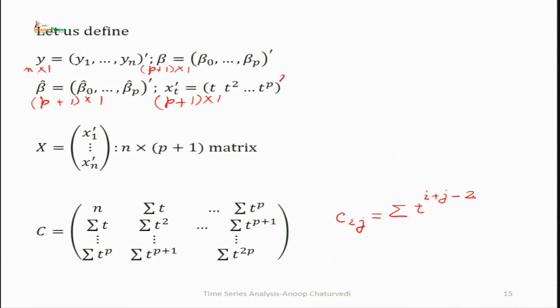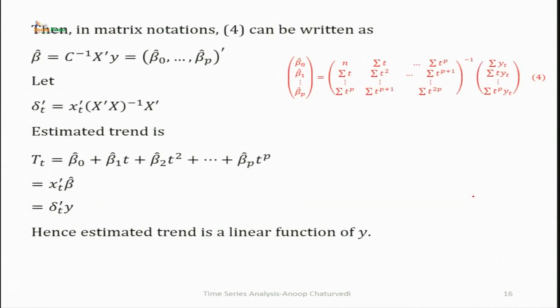Then using these matrix notations, you can easily write the set of normal equations, which just to remind you, I have again written here. So, you can write this set of equations as beta hat equal to, now this is your C matrix, so beta hat is equal to C inverse, and this is actually x transpose y.